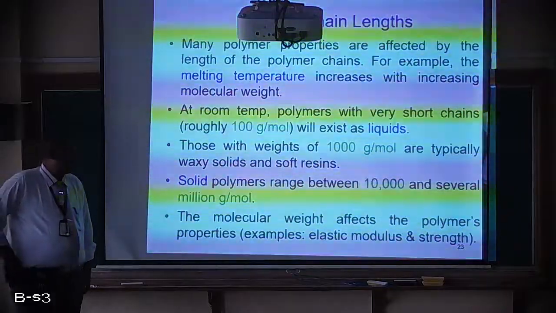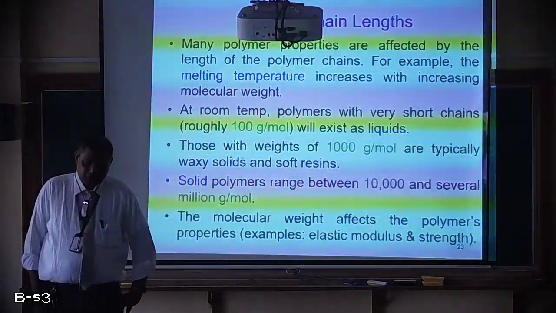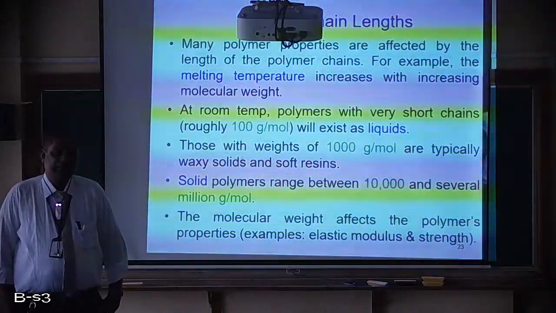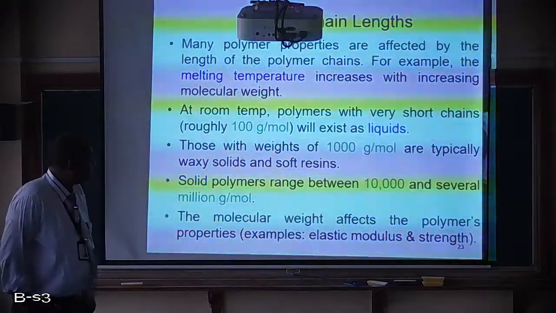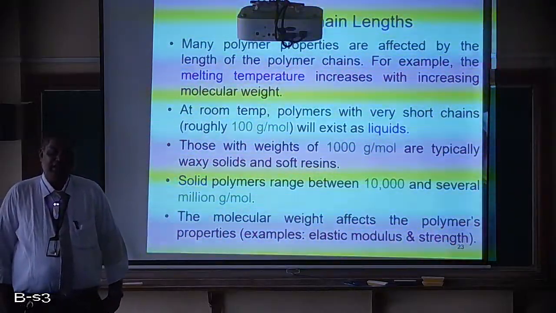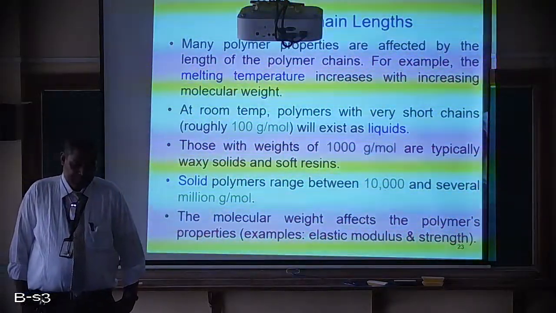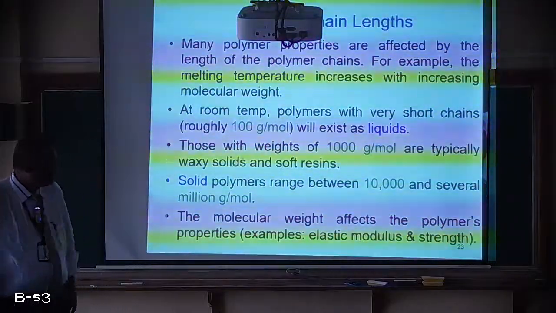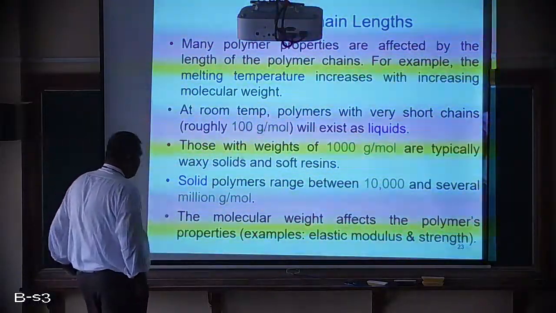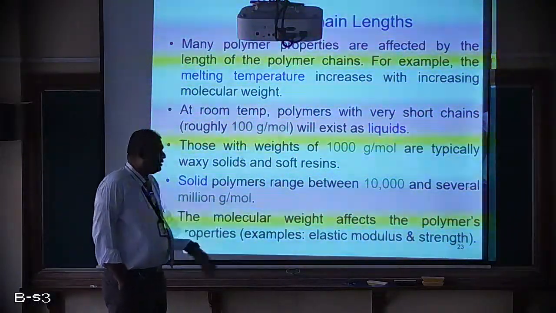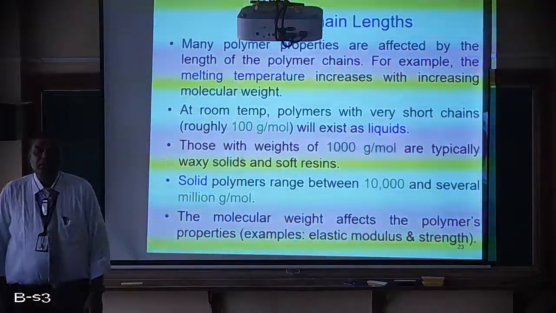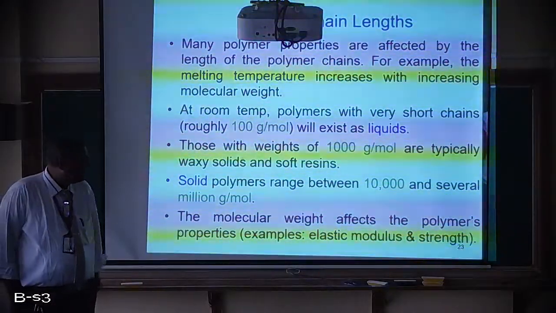We know that the elastic modulus and strength of liquid are low, and the elastic modulus of semi-solid is a little greater than liquids but less than solids, whereas solids have better strength as well as a high elastic modulus compared to the semi-solid and liquid conditions.